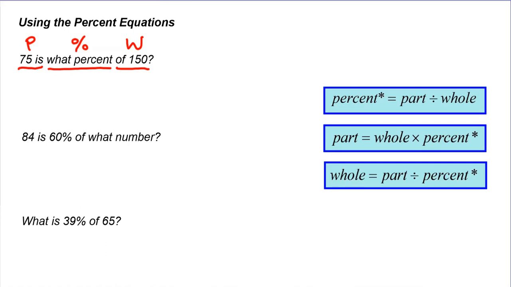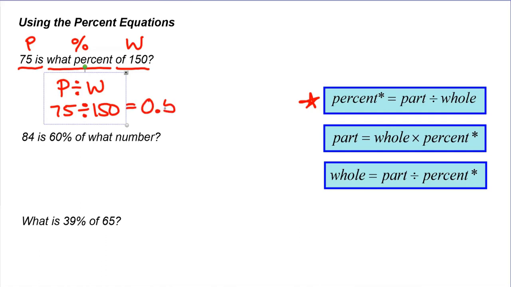So if I'm looking at my percent equations, this is the one I want to use right here, the one that tells me the percent. The percent is equal to the part divided by the whole. So I'm going to take the part divided by the whole to get the percent, and that's 75 divided by 150. And 75 divided by 150 is 0.5.